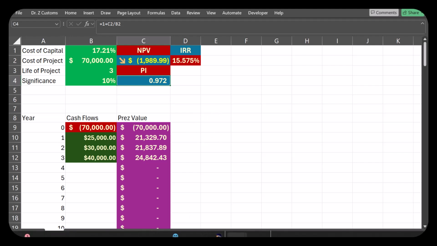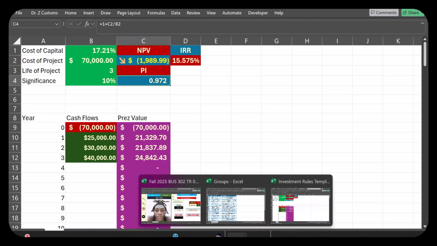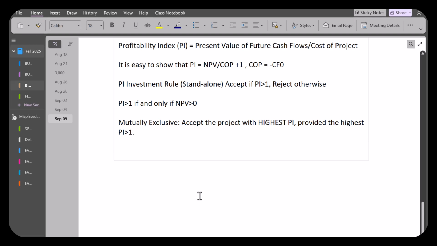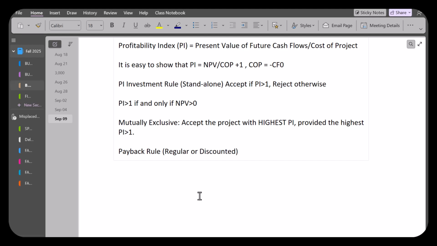Now, there is another rule that's used quite a bit. It's called the payback rule. It has two versions, regular or discounted, and it's called the payback period.